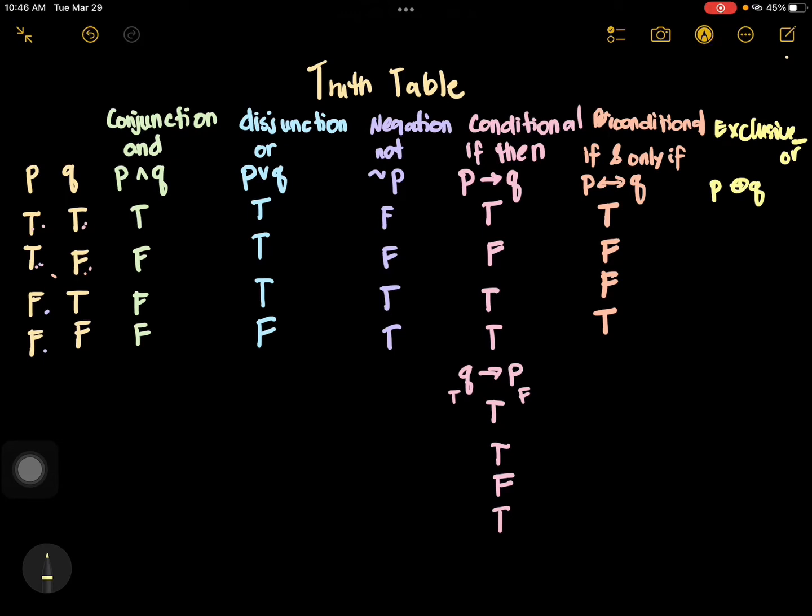If P and Q have opposite truth values, then it is true. So we have true, true, since they have the same value, this is false. It is opposite to biconditional. True, false, opposite, so it's true. False, true, it's opposite, so it's true. False, false, it's the same, so it is false. So this is exclusive or.